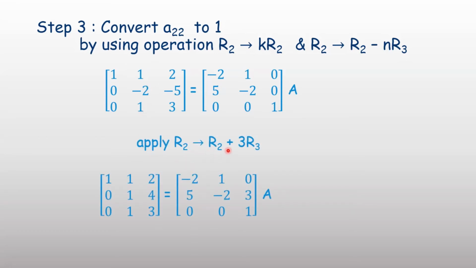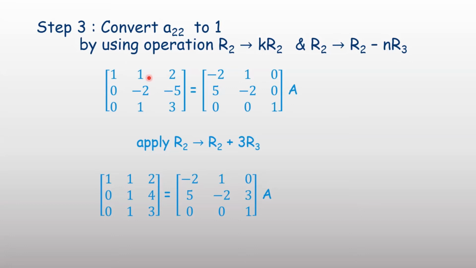Therefore R2 replaced by R2 plus 3 R3, minus 2 plus 3 into 1. You will get 1 here. One thing to remember, you may ask, we can write here R2 replaced by R2 plus 3 R1 and also get 1 here. But don't apply this property here because the 0 will change.